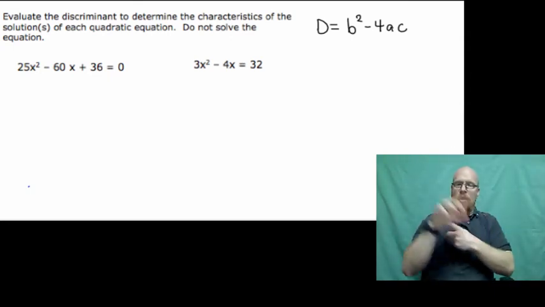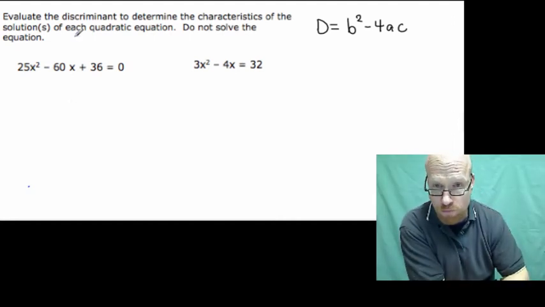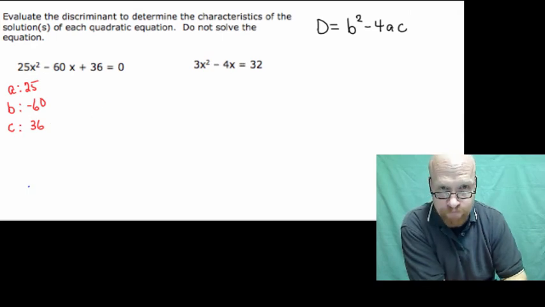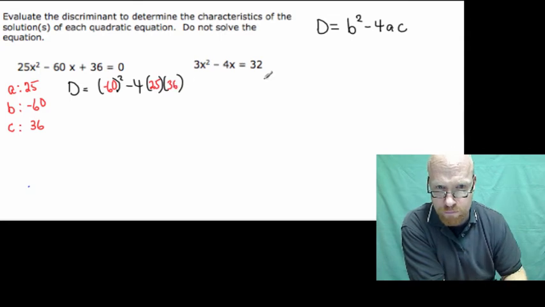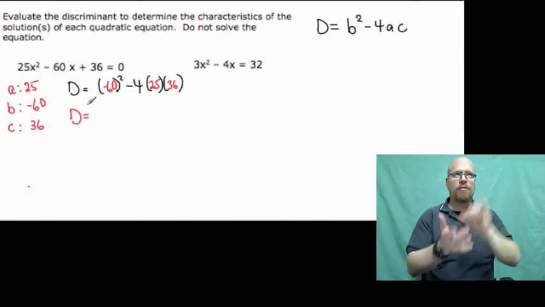So now you see, I need to label my a, b, and c numbers first and identify them. So, negative 60 squared, that's 3,600.